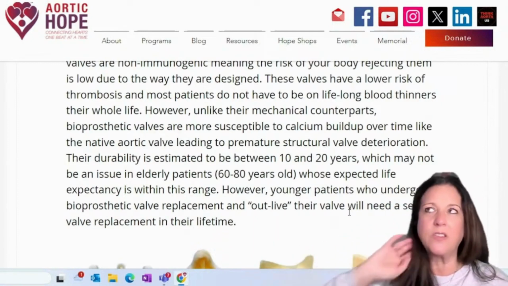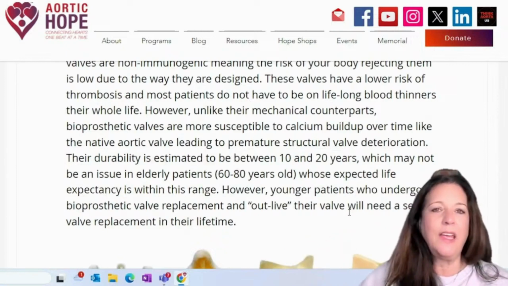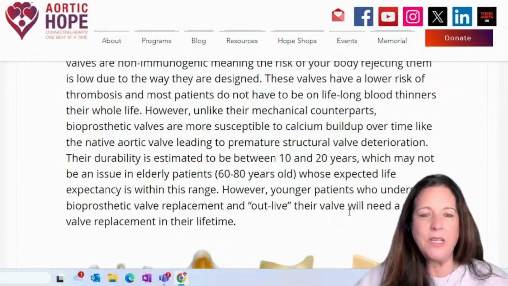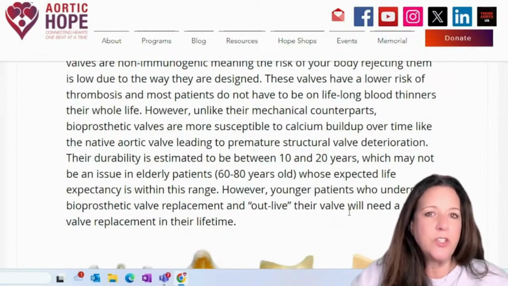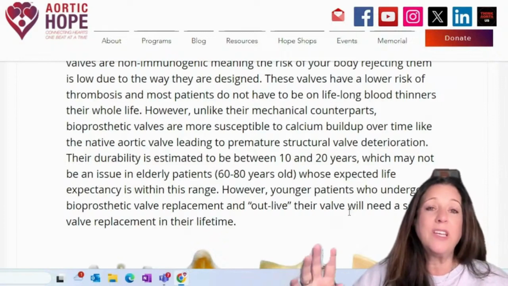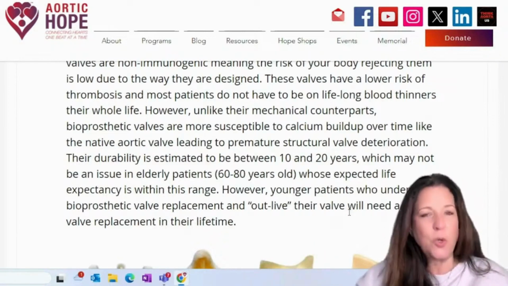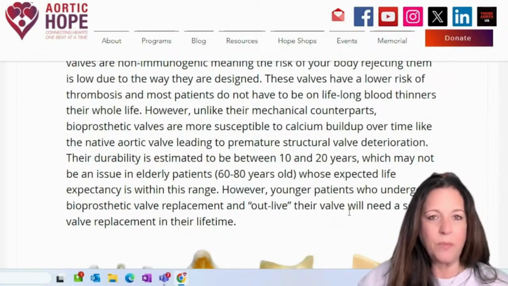So let's think about this again. If you are 60 to 80, getting a valve replacement is not really considered an issue, because it probably will take you through the rest of your life. But if you're a younger patient, it's pretty highly likely that you're going to need to have a valve replacement at some point in your future.